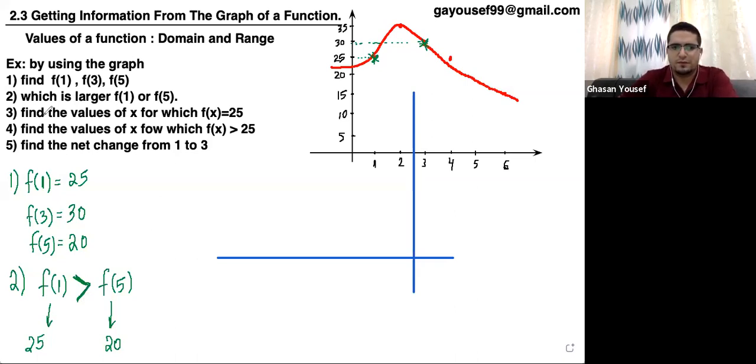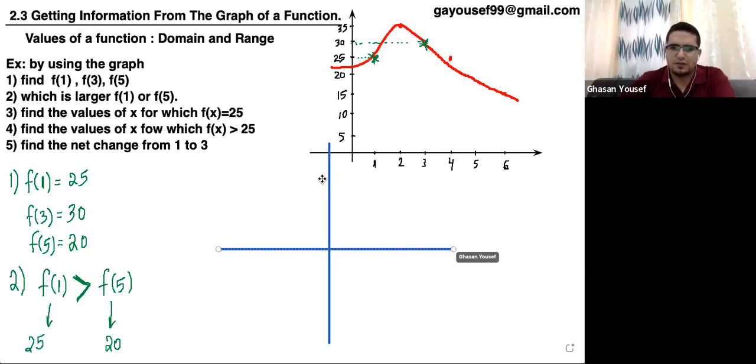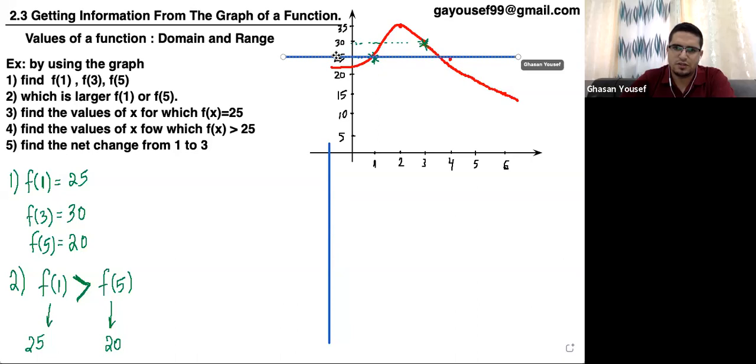Okay, for the third one, find the values of x for which f of x equals 25. What values of x are such that the y value is 25? Ahmed said 1 and 4. The best idea for a question like this is to graph a horizontal line at 25.